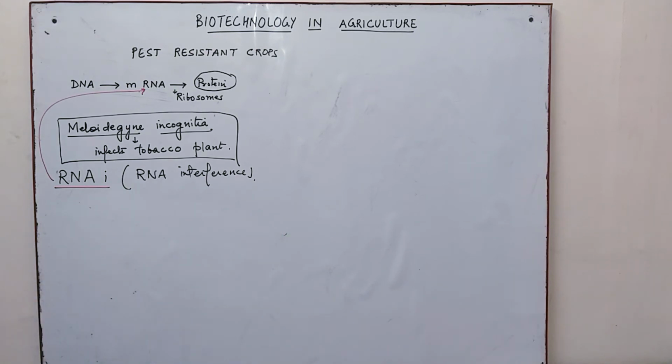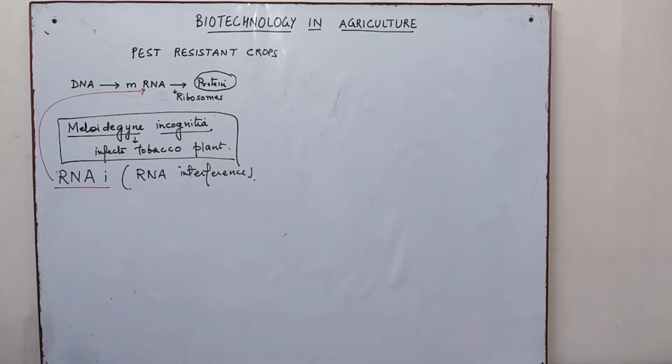Now, the RNAi, as I told you, is found in all eukaryotes to defend, and it is a double-stranded RNA. Now, for this nematode, the scientists have isolated the gene that produces proteins for the growth of the nematodes. For the survival of the nematode, this protein is very, very essential.